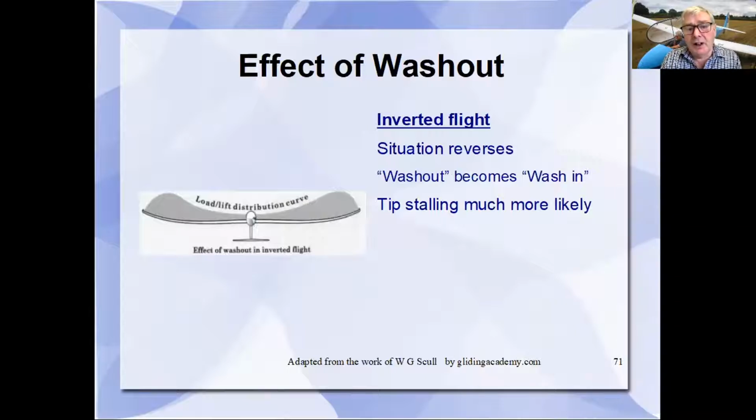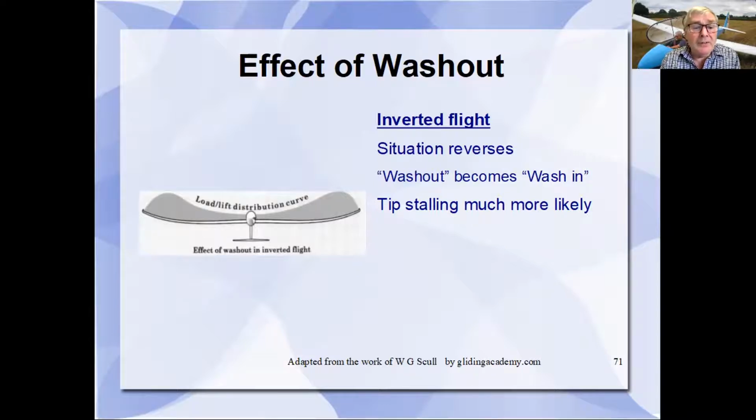If we turn the glider upside down, so go into inverted flight, then the whole situation reverses. Washout becomes wash in, and tip stalling becomes much more likely, which is why we'd never recommend that you go off and practice aerobatics without some formal training, because a tip stall is much more likely inverted than flying the normal way up.